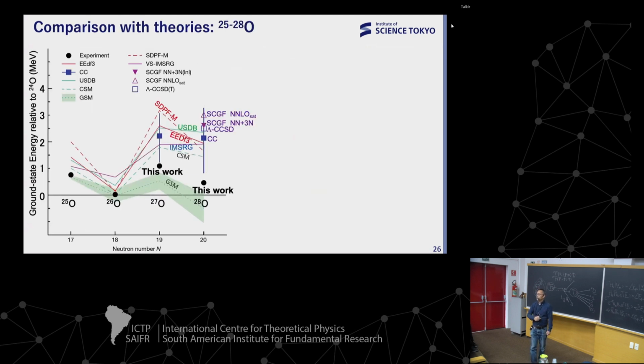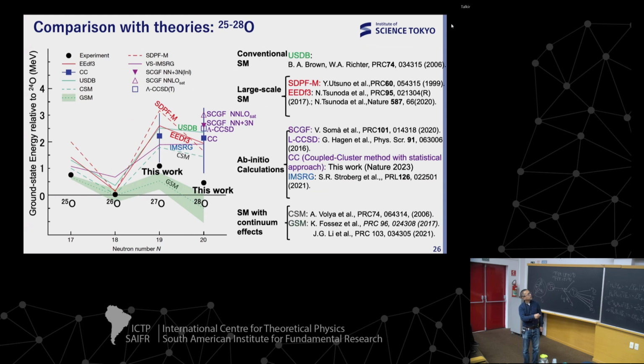Okay. So this was shown by Francesca already. This is a comparison with theories for oxygen-25, 26, 27, 28. This is the ground state energy relative to oxygen-24. So this is oxygen-27, oxygen-28, and the theories. This will give us some benchmark of theories, actually.